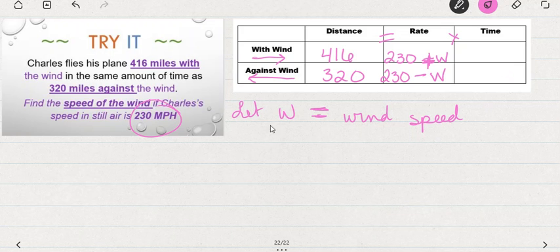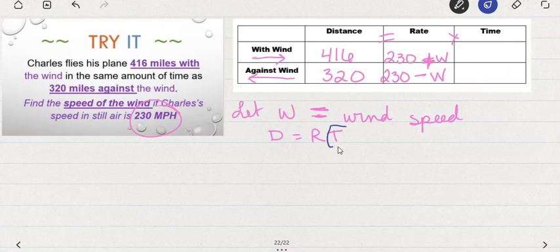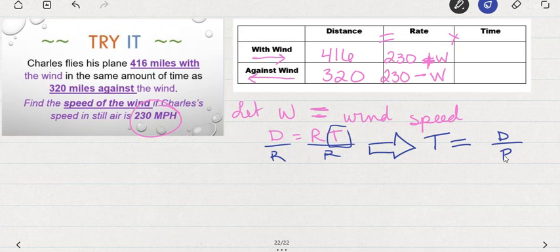Now we just have to set up our distance equals rate times time problem. And if we want to solve for time, we could do that and get that if distance equals rate times time, then time is going to equal distance divided by rate.